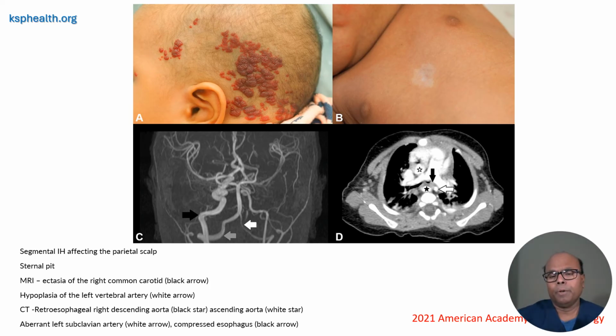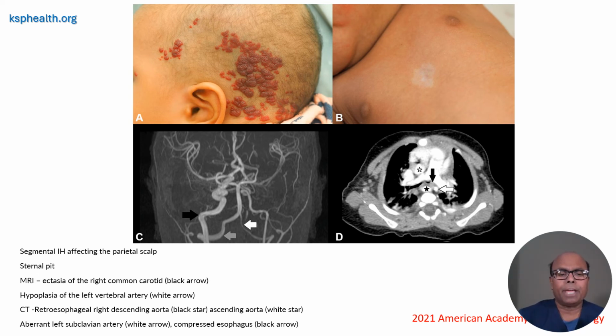This picture shows a child with PHACE syndrome. You will see the segmental hemangioma affecting the parietal scalp and sternal pit. The MRI shows ectasia of the right common carotid and hypoplasia of the left vertebral artery.